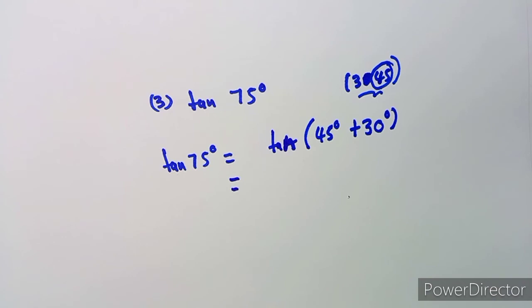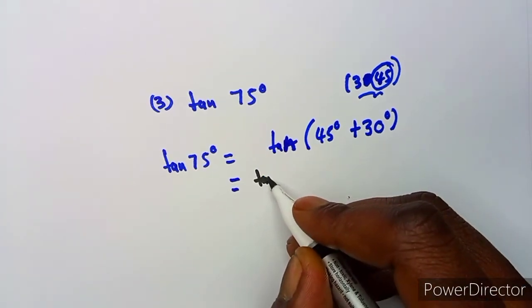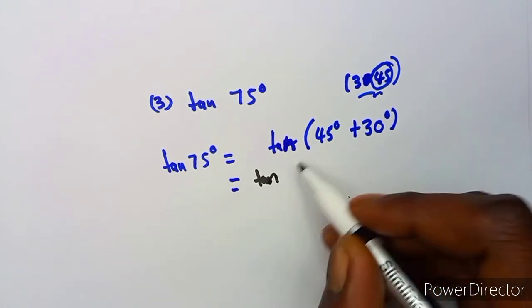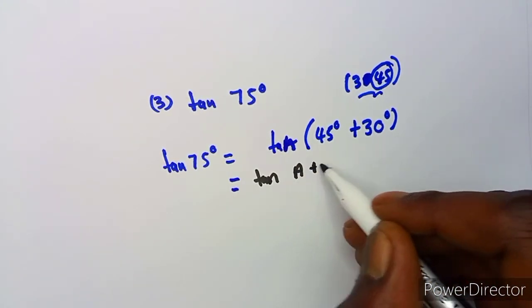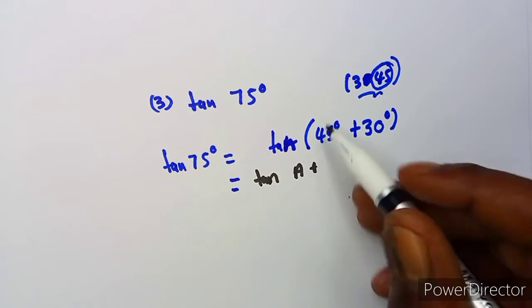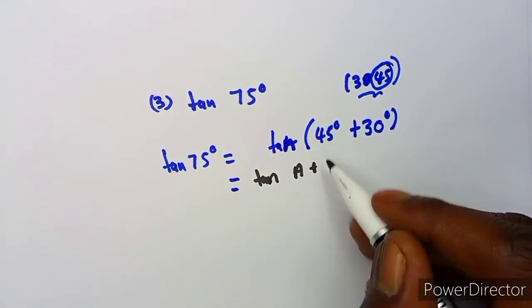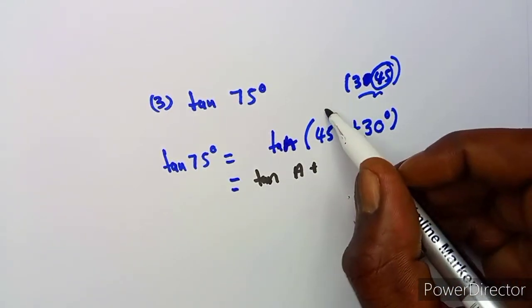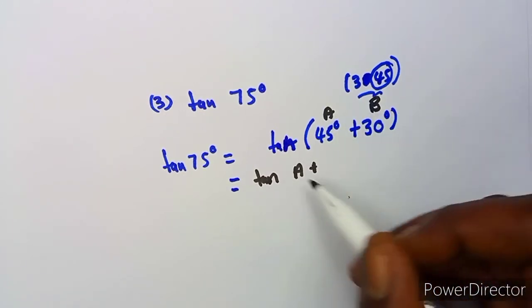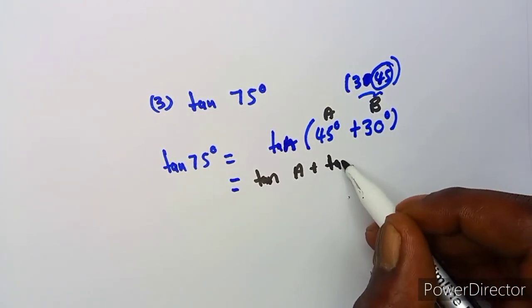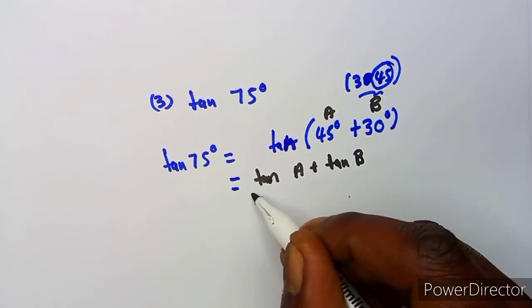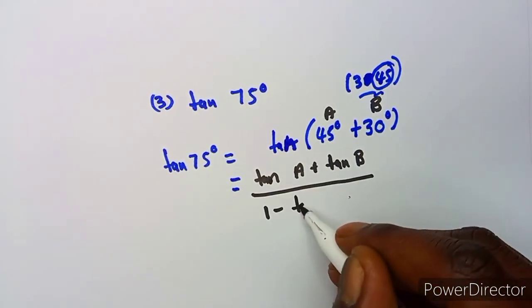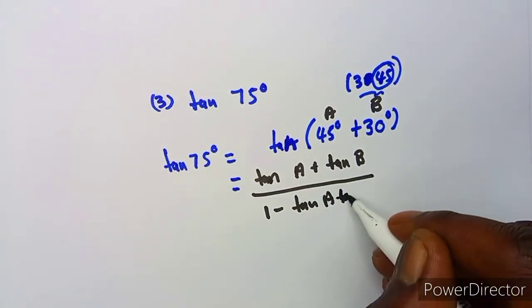And remember from your identities, if it is tan A plus B, like this, it is supposed to give you tan A plus tan B all over 1 minus tan A tan B.